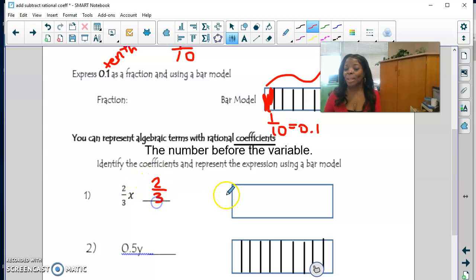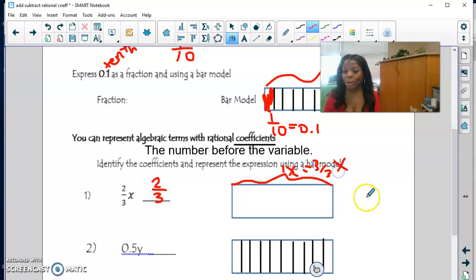I like the way that you said 2/3, because we are breaking our bar, which our variable is what? What's our variable in 2/3 x, guys? X. Nice job. So the entire bar is x, 1x, okay? And 1x is how many thirds? 3/3. Very good. 3/3 x. That's the same thing.